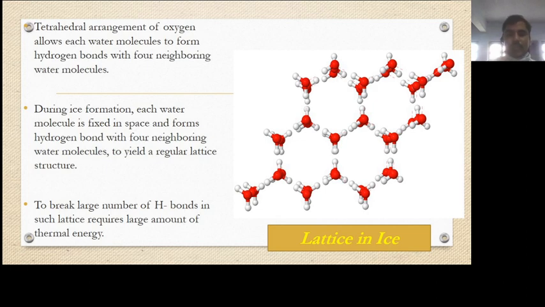See, in the given diagram, there is a formation of hydrogen bonds between the central water molecule and 4 neighboring water molecules, and this results in the formation of the lattice structure. To break a large number of hydrogen bonds in such lattice structures requires a large amount of thermal energy.